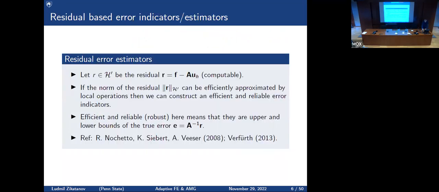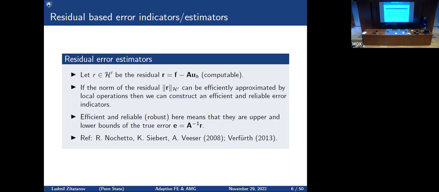Okay. So now let me go to say what are residual error estimators and error estimators. So we are given an F, and A is some PDE operator, and we find an approximate solution UH. Okay. And now we can compute the residual. This is the computable quantity. You cannot compute the error, but you can compute the residual.